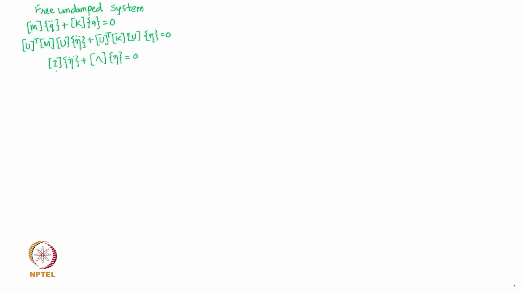You may realize this is n cross n, this is n cross 1. So, you have n decoupled sets of equations, all of them second order differential equations in the new coordinate eta.